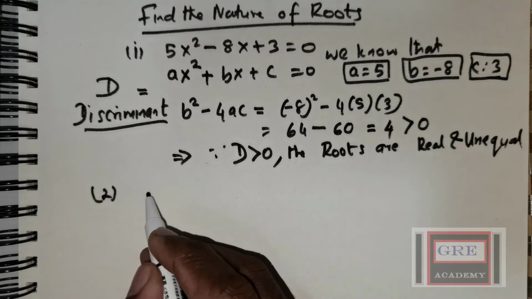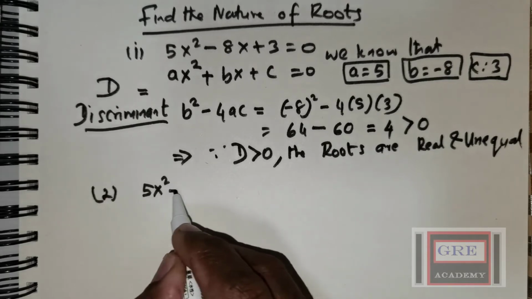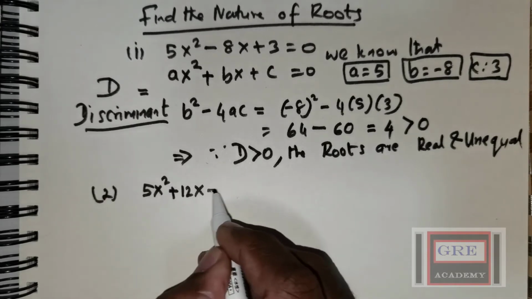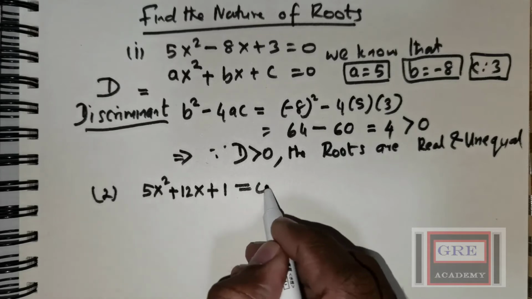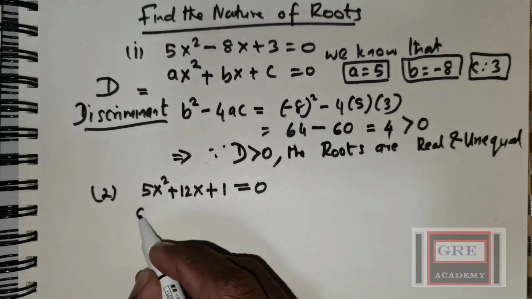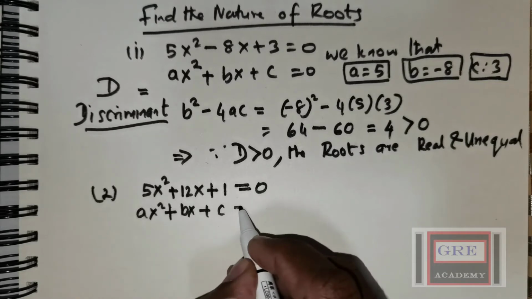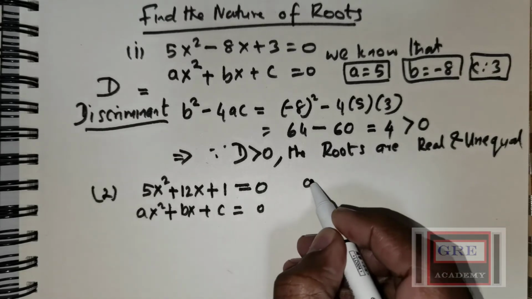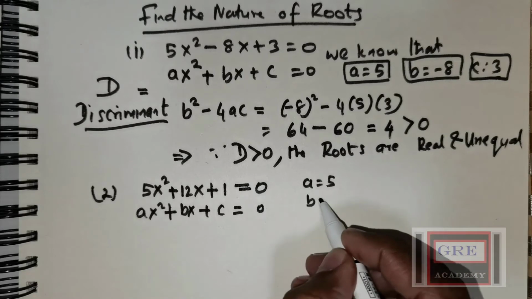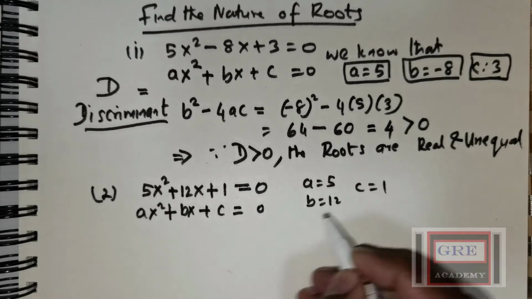Now the second question is 5x squared positive 12x positive 1 is equal to 0. From here we can write down the quadratic equation ax squared positive bx positive c equal to 0. My a is 5, my b is 12, my c is 1.